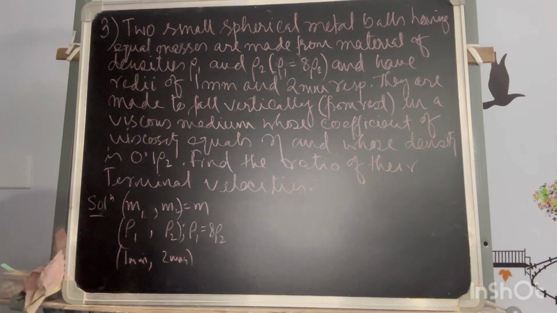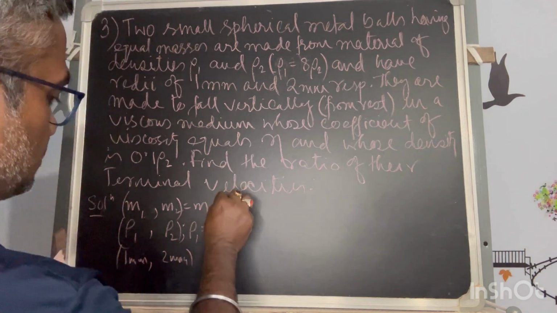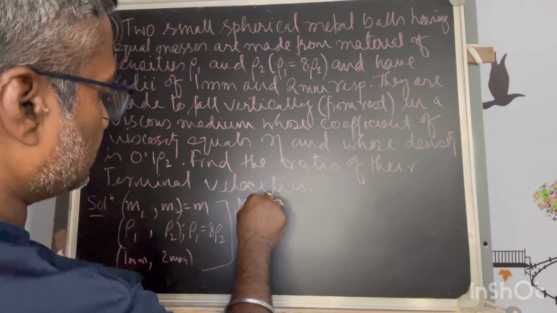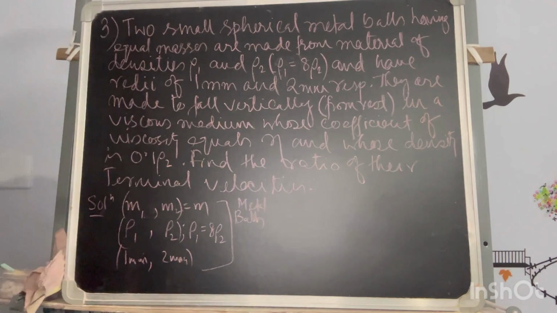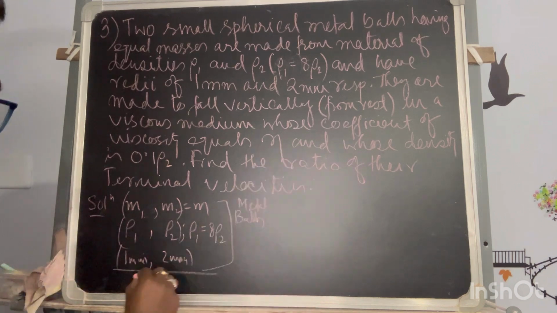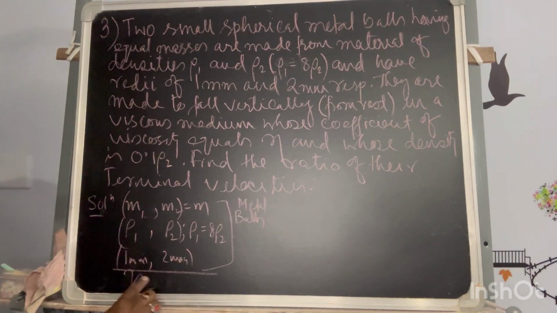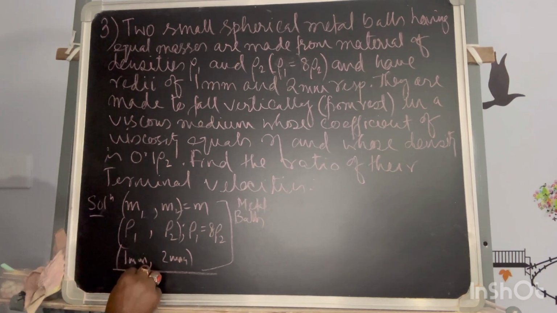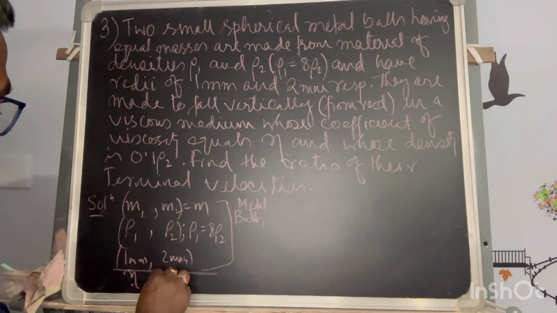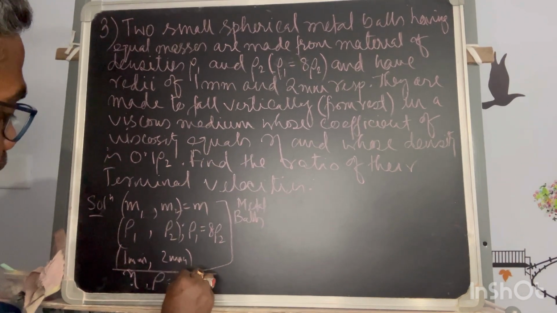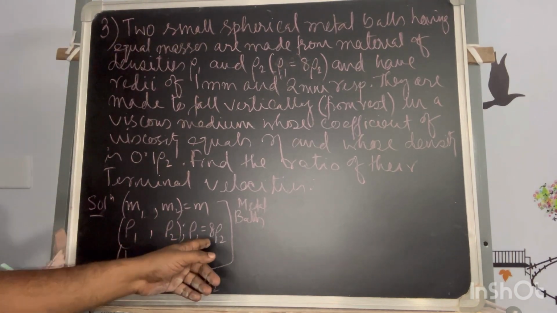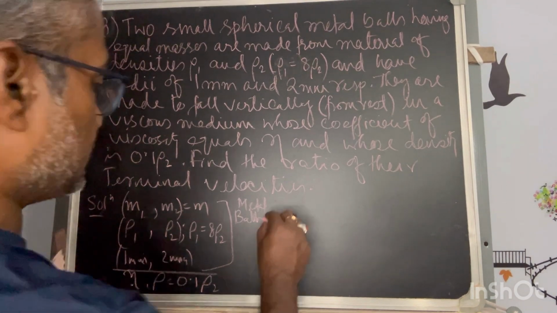The medium through which the balls are falling has viscosity eta, the fluid viscosity, and the density is given as 0.1 rho 2, that is, with respect to the density of the second metal ball.